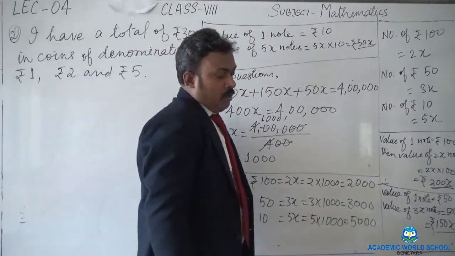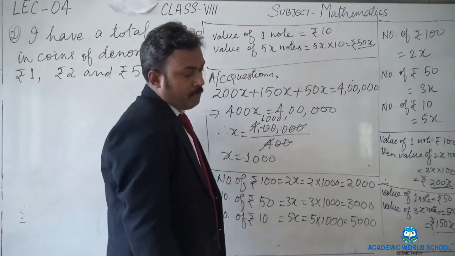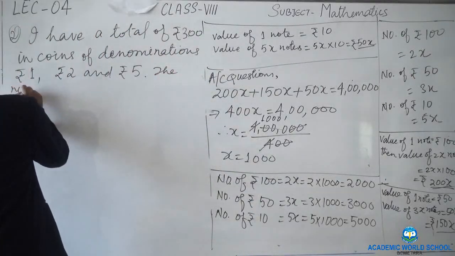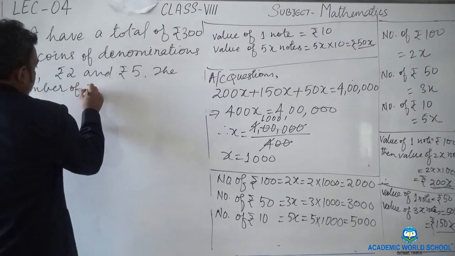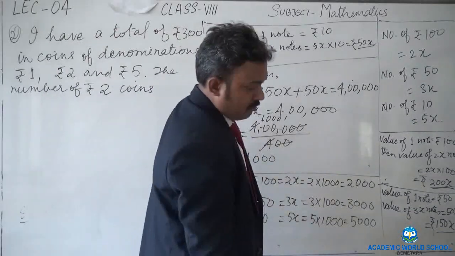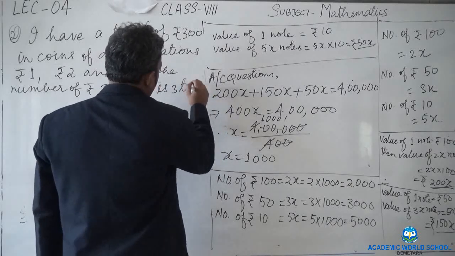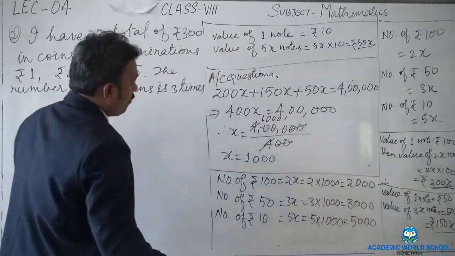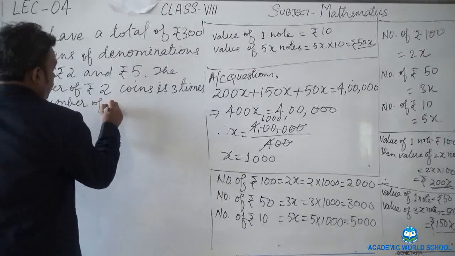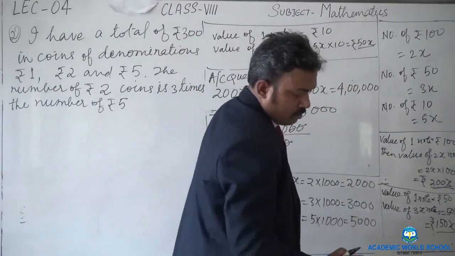Next, the number of rupees 2 coins is 3 times the number of rupees 5 coins.